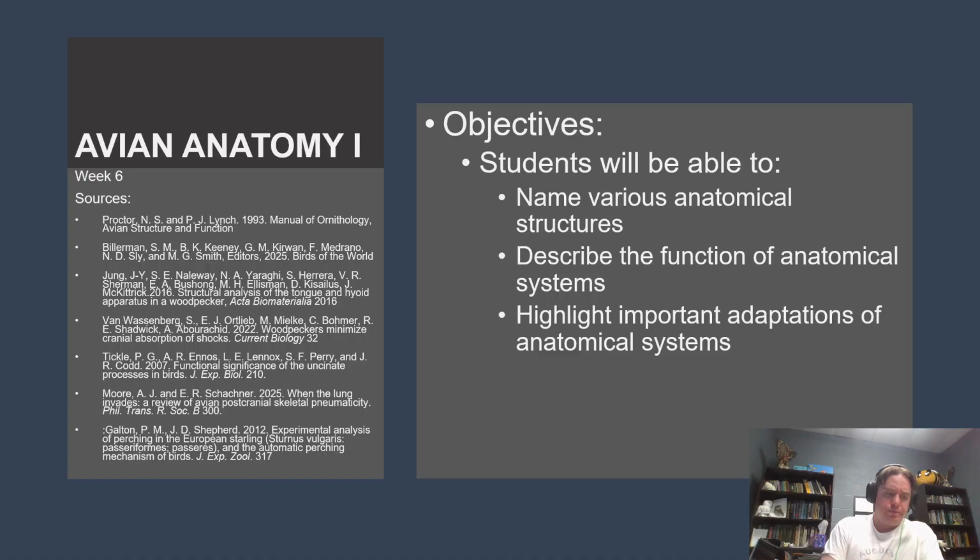The material for this lecture and the following lecture all come from the Manual of Ornithology, and I have that sitting right here so I can show you. This book is a wonderful book if you're really interested in anatomy. It has really great diagrams.